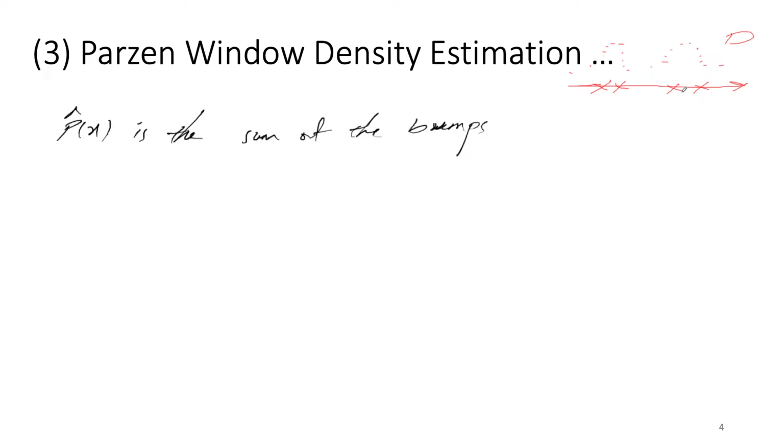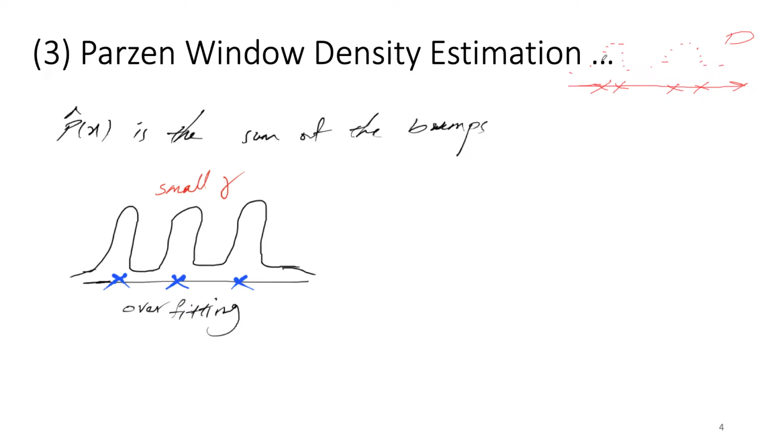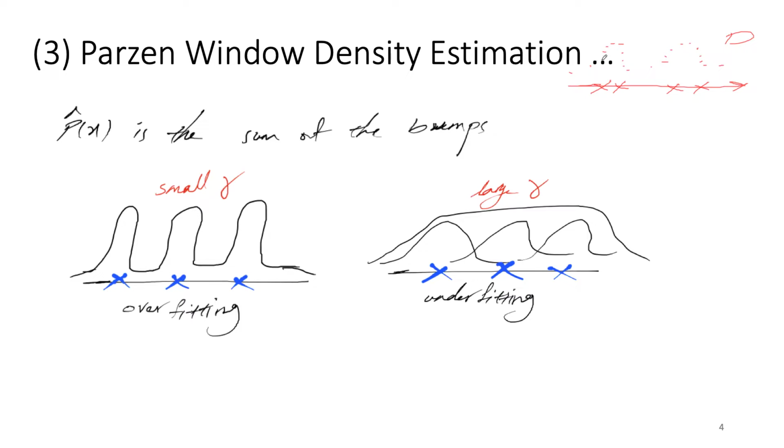For each of these bell-shaped curves, sometimes called bump functions, a bump function has a similar shape. And you already saw that by controlling a hyperparameter called gamma, you can control the way you underfit or overfit your density, just your distributions.